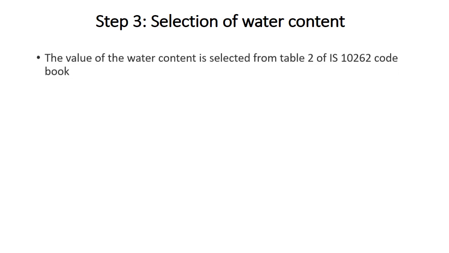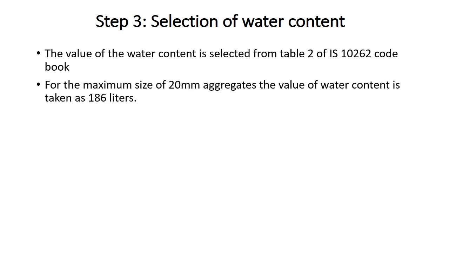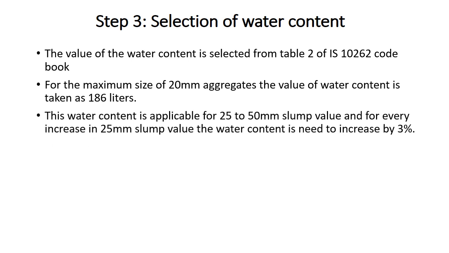Step number 3 is the selection of water content. The value of water content is selected from table number 2 of the IS 10262 code book. The maximum size of the aggregate is 20 mm, for a water content of 186 liters. This water content is applicable for 25 to 50 mm slump value.